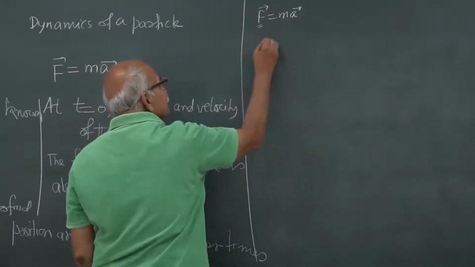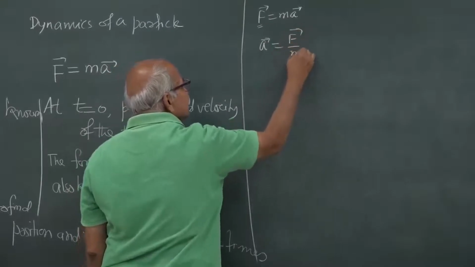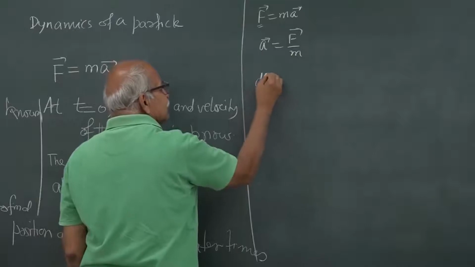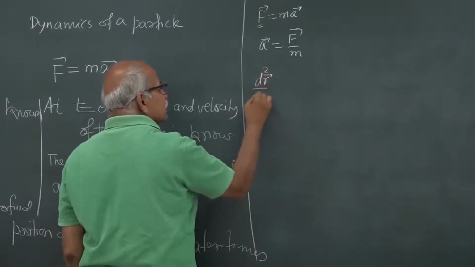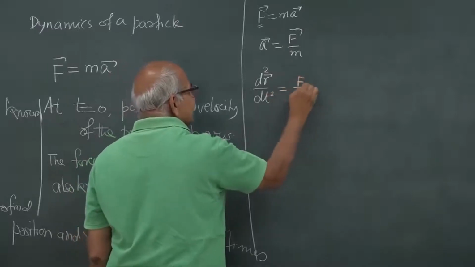So, you have acceleration is F by m, mass of the particle is supposedly known. So, you write this as the second derivative of the position vector, d2r dt square, that is equal to F by m.